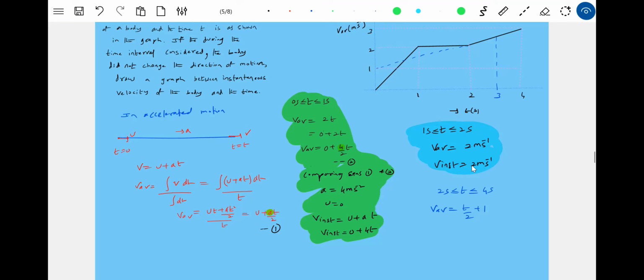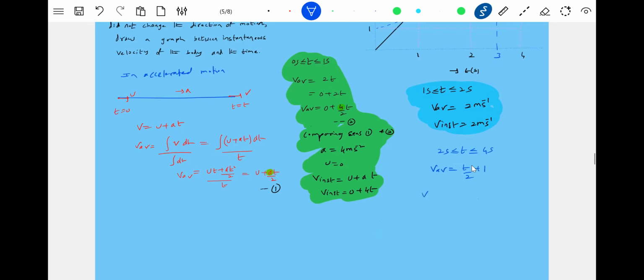So what equation of initial velocity you assume, so that average velocity will be a function of time of this nature. We have to make a reverse guess. So I'll start with, let initial velocity be 1 plus 2T. Let me cross check.